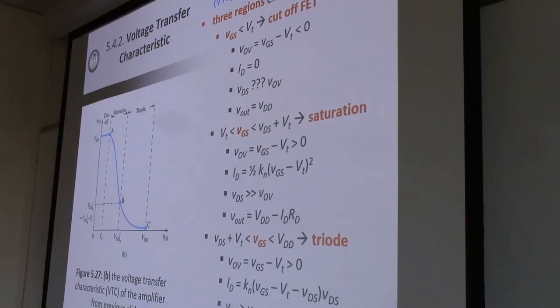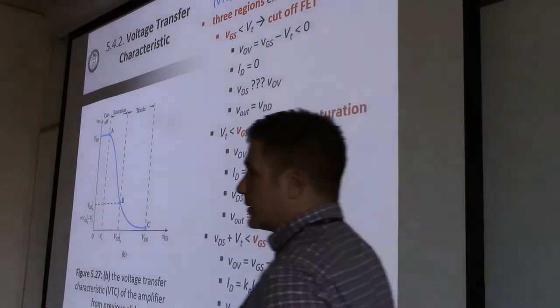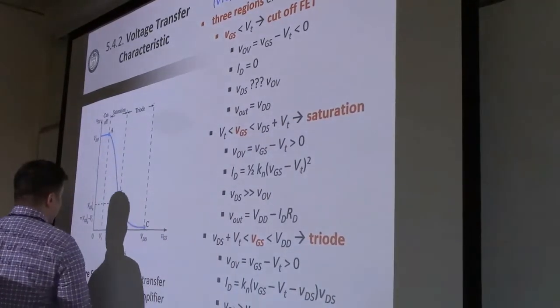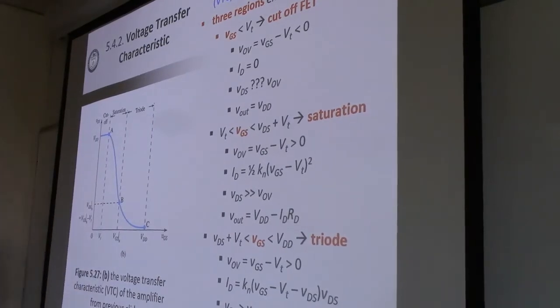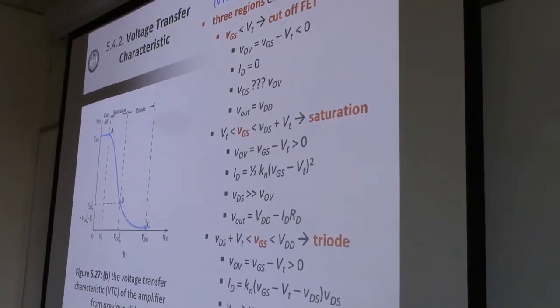The input-output relationship is more nonlinear. And so there's three different regions that we can essentially talk about. And what we're going to do is move from left to right along the x-axis.